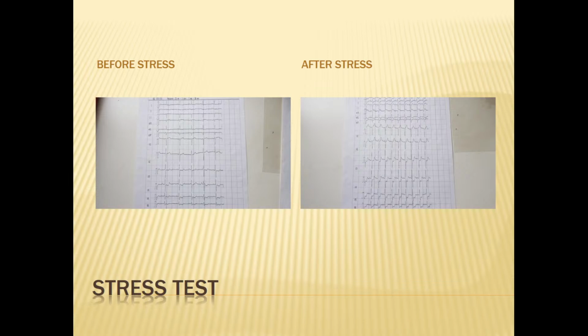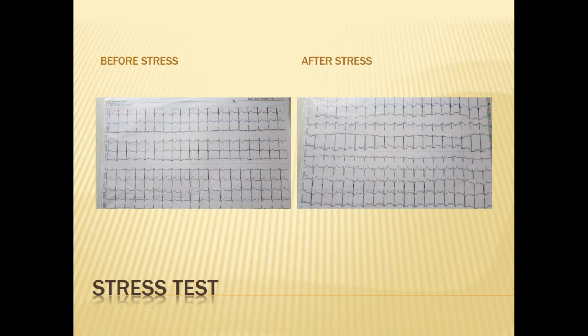You can see in leads V4, V5 and V6, even before stress, mild ST segment depression and a biphasic T wave. But after the stress test, this depression is more significant. It became deeper than before stress, and the depth increased by more than 1 millimeter. So it confirmed a positive result. It confirmed coronary artery disease in this person.